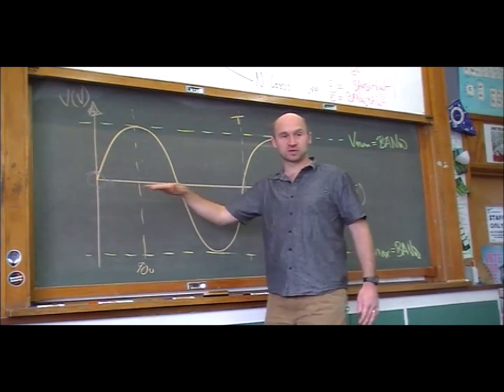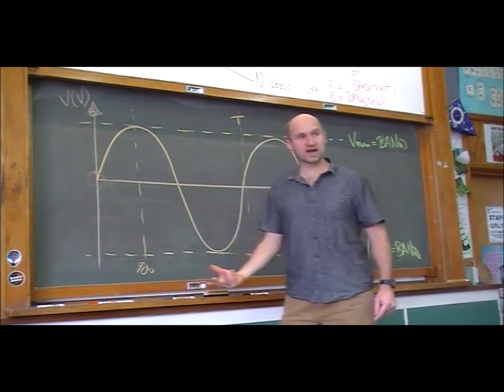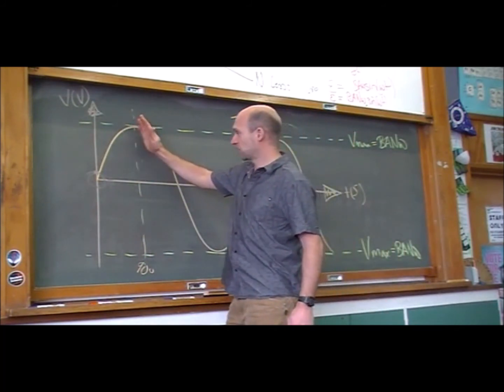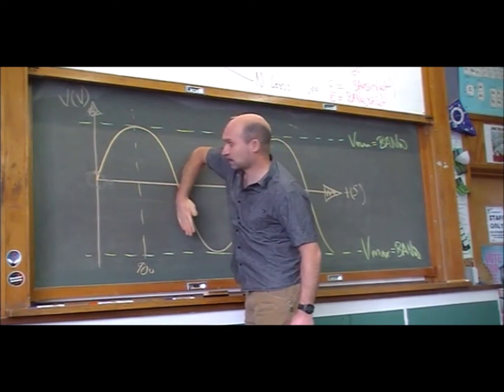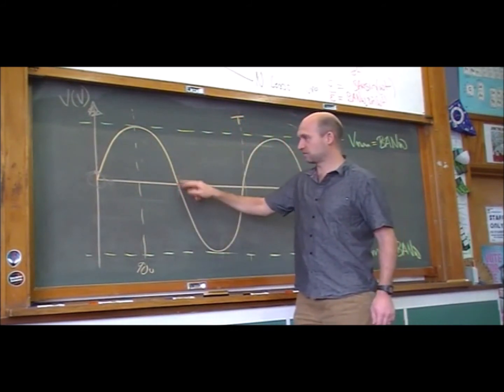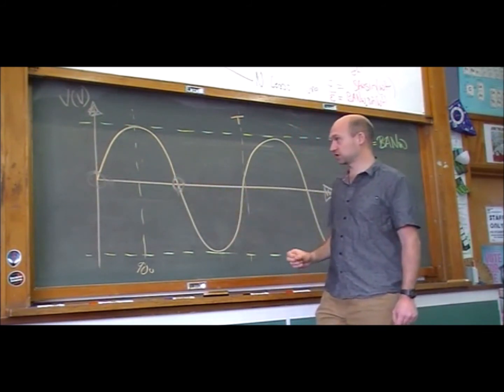At the point where the flux is zero, that's actually where we get our greatest rate of change of flux, and so the greatest induced voltage. And then the coil rotates round to 180 degrees, back to maximum flux through it, and zero induced voltage.